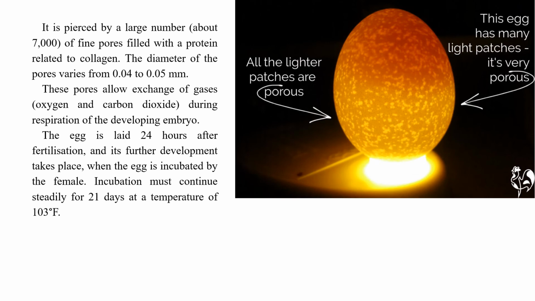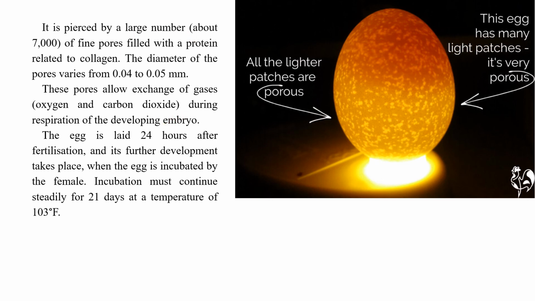You can see here, this is the photograph of an egg containing numerous holes. The porous shell of the ovum can be observed here. So all the lighter patches here are the pores. Hence the external surface or the wall of the ovum is highly porous.